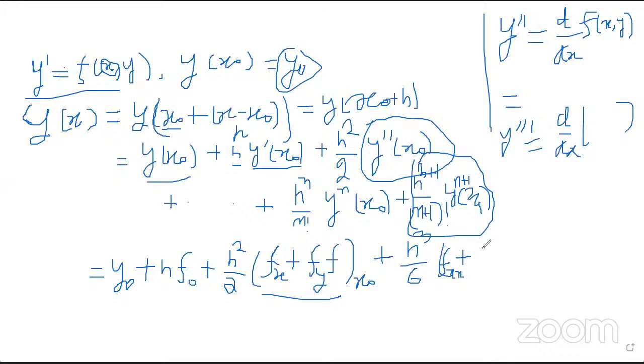So anybody calculated? The 2 times mixed derivative fxy plus fyy. 2 times mixed derivative fxy plus fyy, plus fyy means. At x equal to x naught.